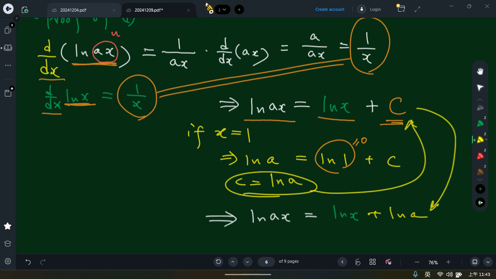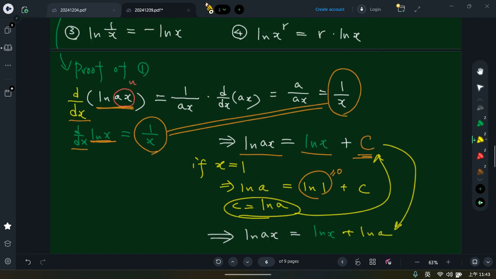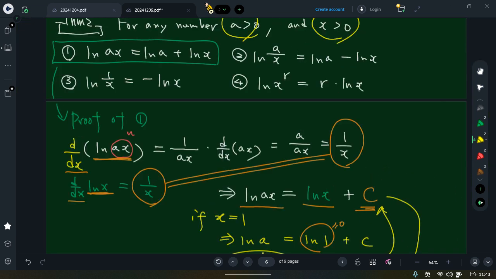So you can just follow the same idea to prove this one. And if you have this one, you can get this one very easily, because we just simply let a be equal to 1, right? If a is equal to 1, then we can get ln 1 over x immediately.